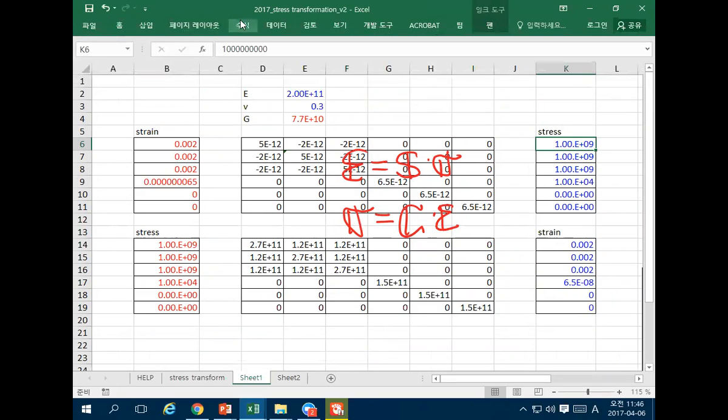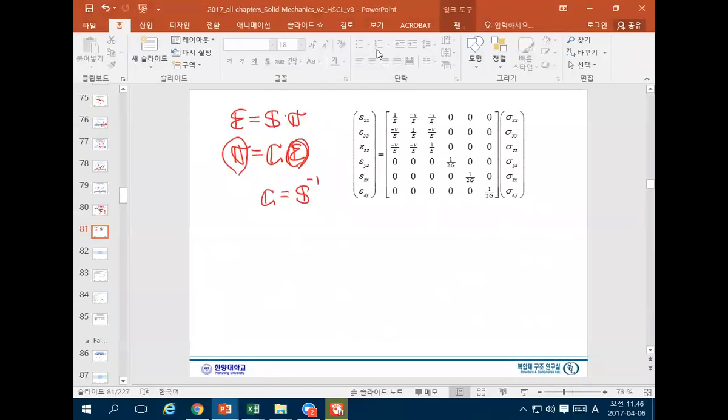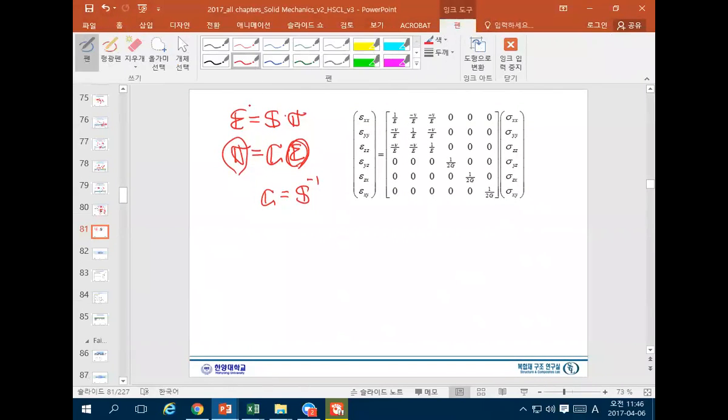I remember a long time ago, we tried to calculate, for example, say we have a steel bar, okay?